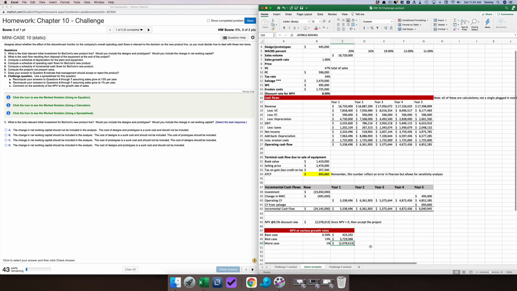And so what this tells us is that at a 6.5% growth rate, yeah, we show a positive net present value. But if the sales are flat or only growing a little bit, it shows a negative net present value.